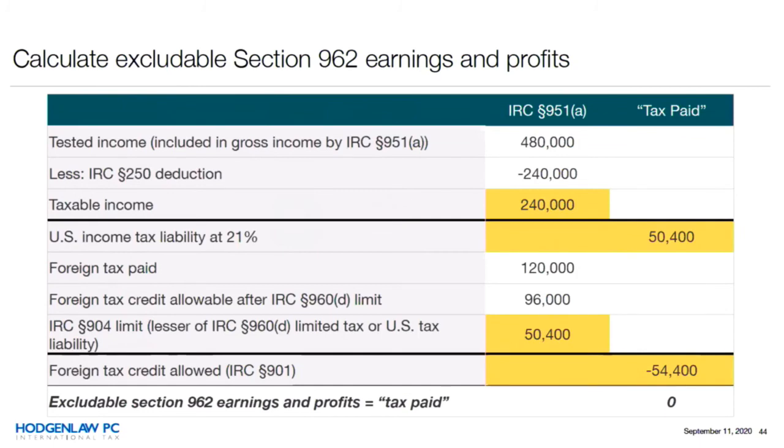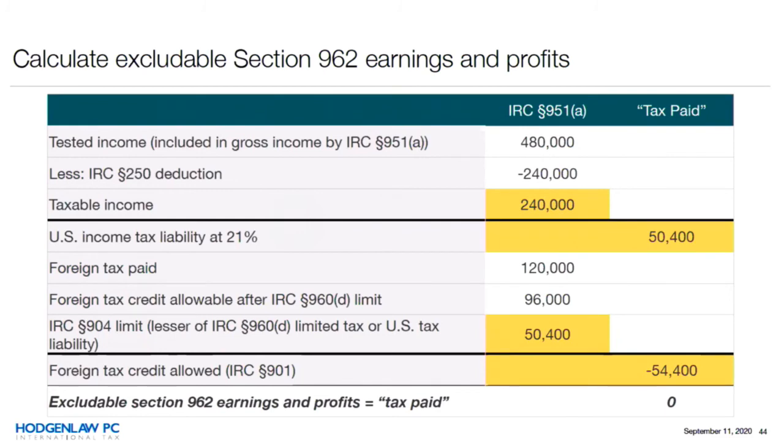Now let's look at what actually tax paid means here for the purpose of calculating the excludable amount of the dividend. We know in real life that the foreign corporation paid $120,000 of foreign corporate income tax. And then down below that, the next line, $96,000 is the Section 960D limit.